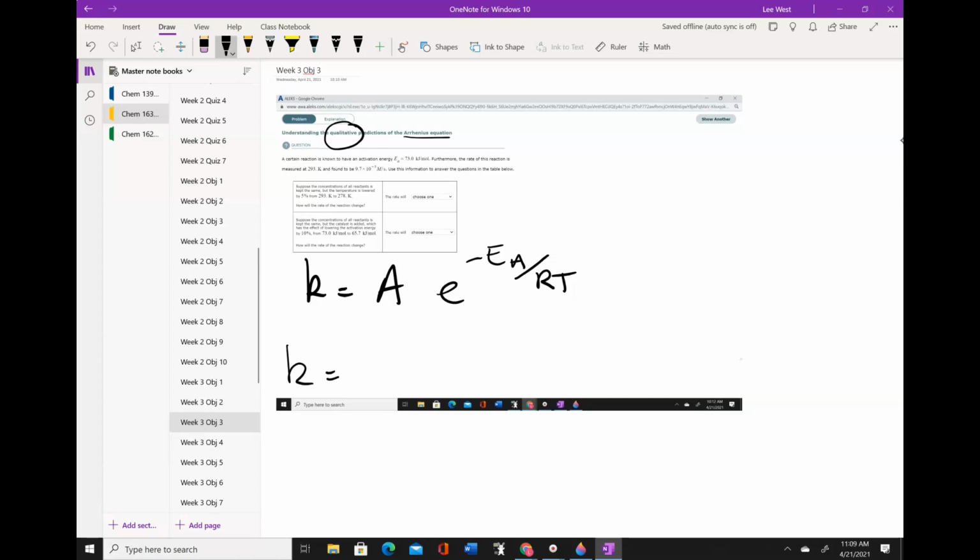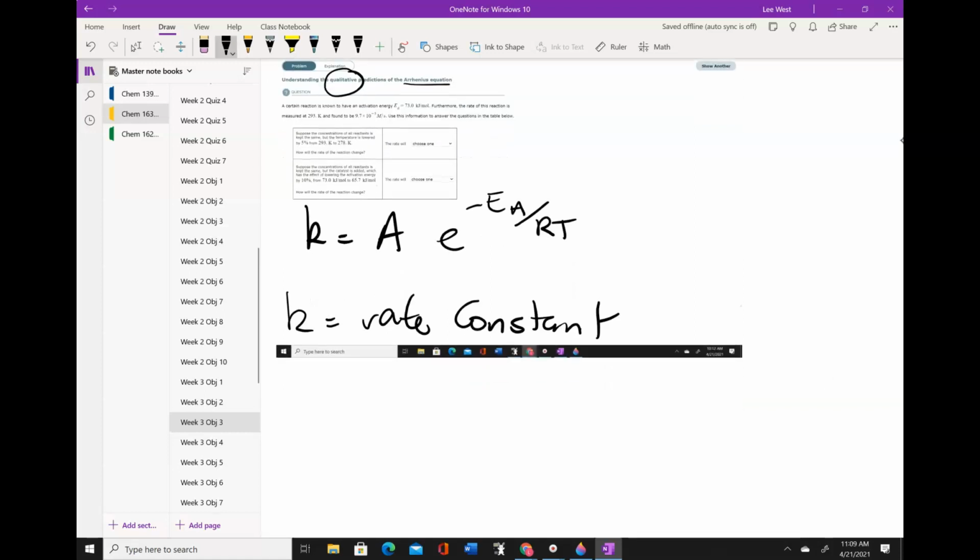So k is your rate constant, and what we know is that as the rate constant gets bigger, your reaction goes faster. A is what we call the frequency factor. The frequency factor is a measure of the likelihood of your reactants coming together with the correct orientation.